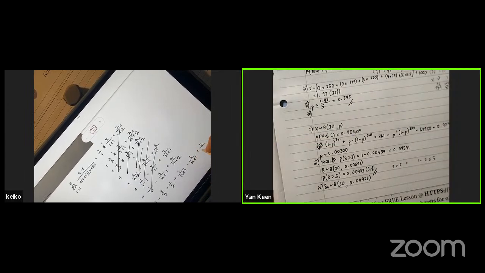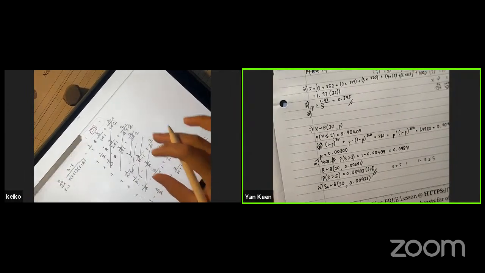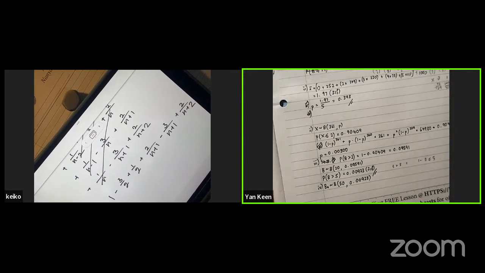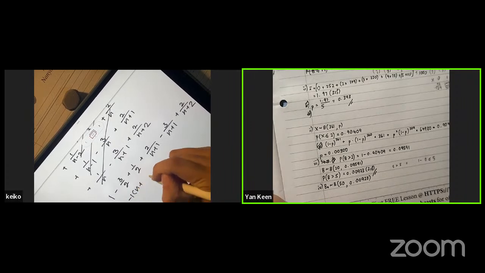Receive a compensation of $10 for each rejected batch. So there are 50 batches. So I can't just relate the 0.9 to the $10 immediately. So 50 batches, there's 0.9 chance that it will be rejected.